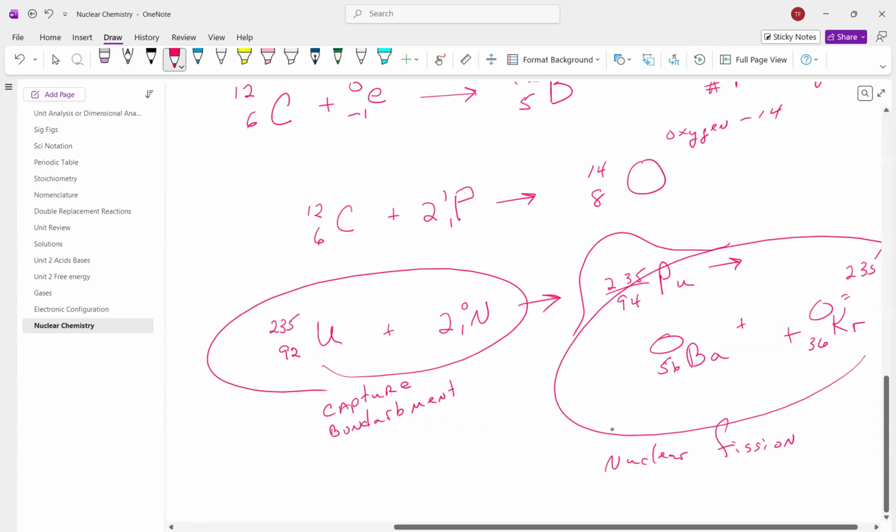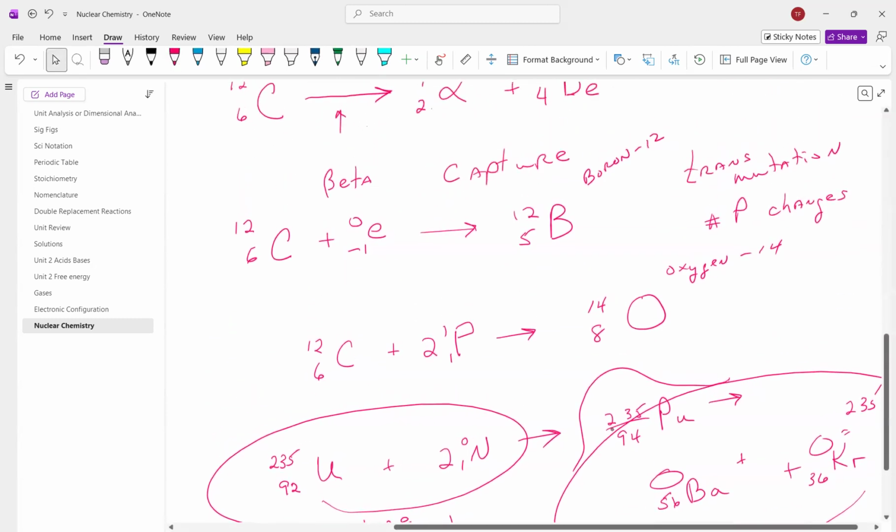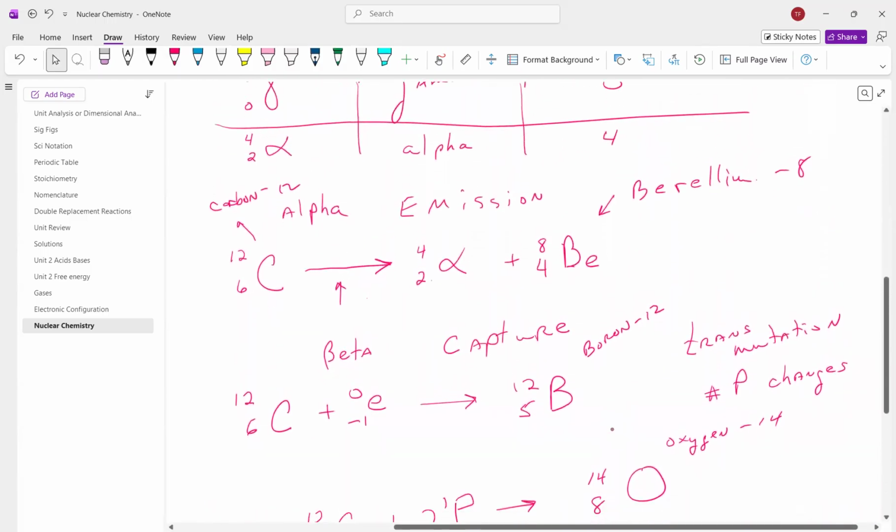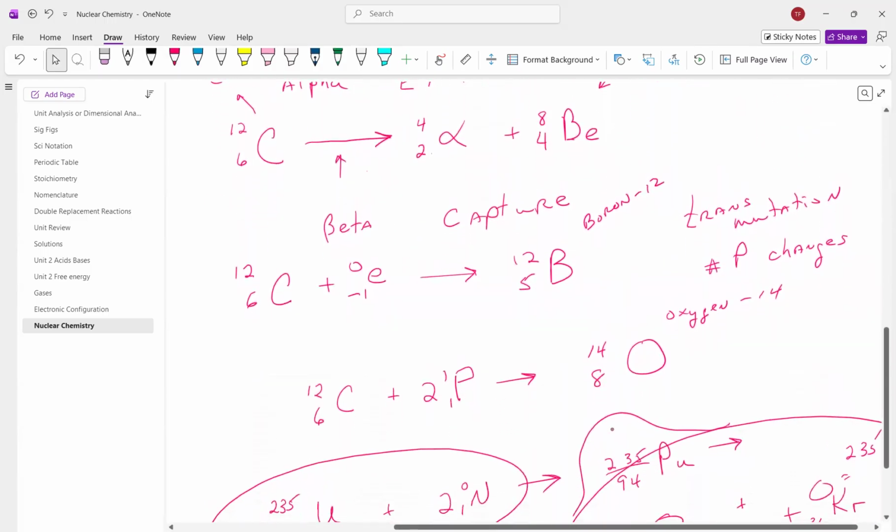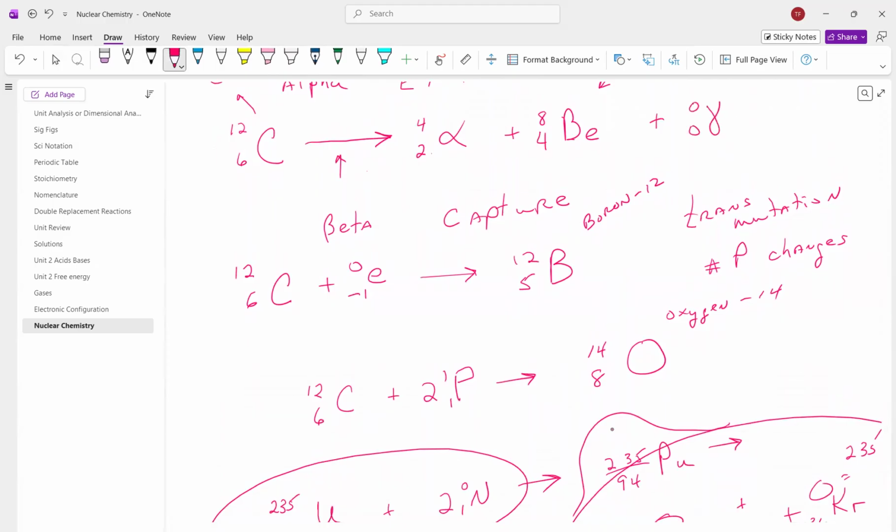Okay, now, anytime you have a nuclear reaction, we have something that no one ever talks about, and we have that. That is gamma radiation.